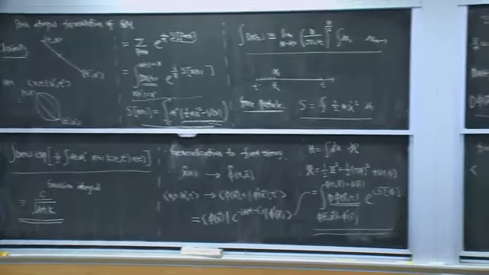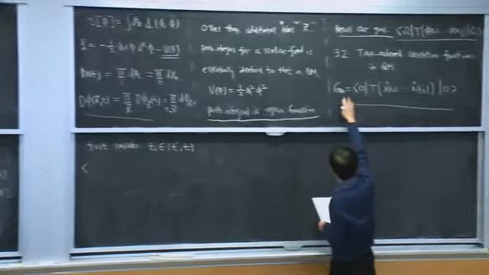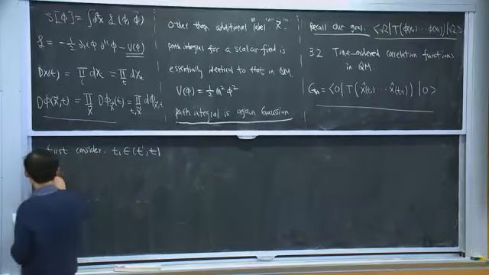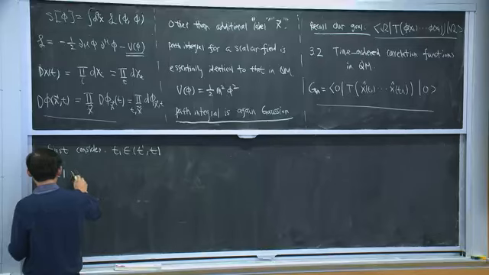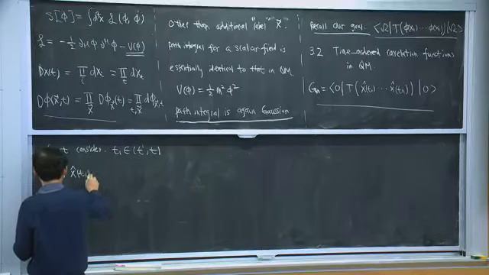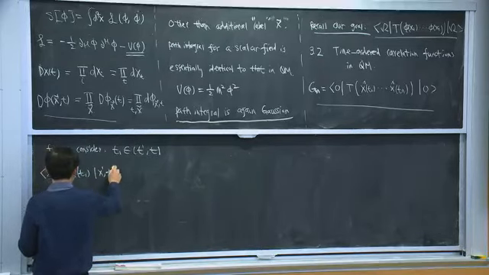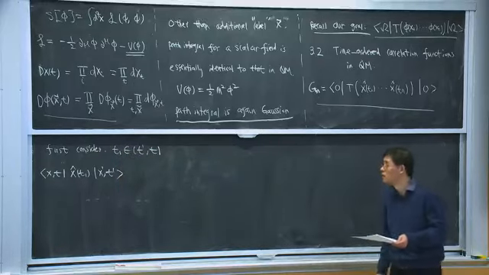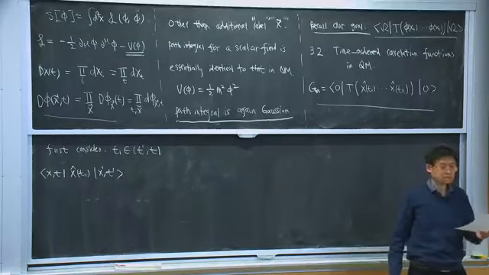The simplest case is to just take n equal to 1, so you just have one of them.